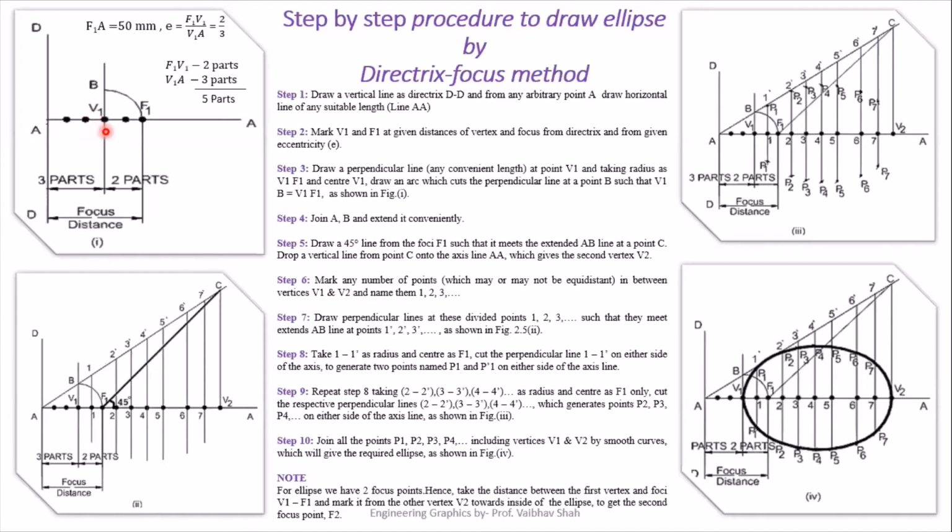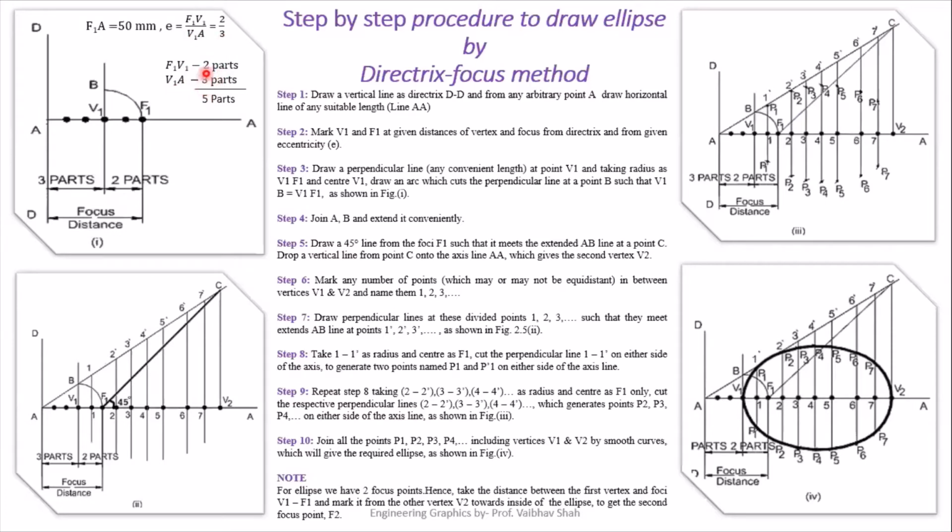The distance of your vertex point from your focal point divided by the distance of your vertex point from your Directrix is nothing but your eccentricity. That means F1V1 by V1A is your eccentricity, which is 2 by 3. Once again, F1V1 divided by V1A is your eccentricity, 2 by 3. That means F1V1 is of 2-part distance and V1A must be of 3-part distance.